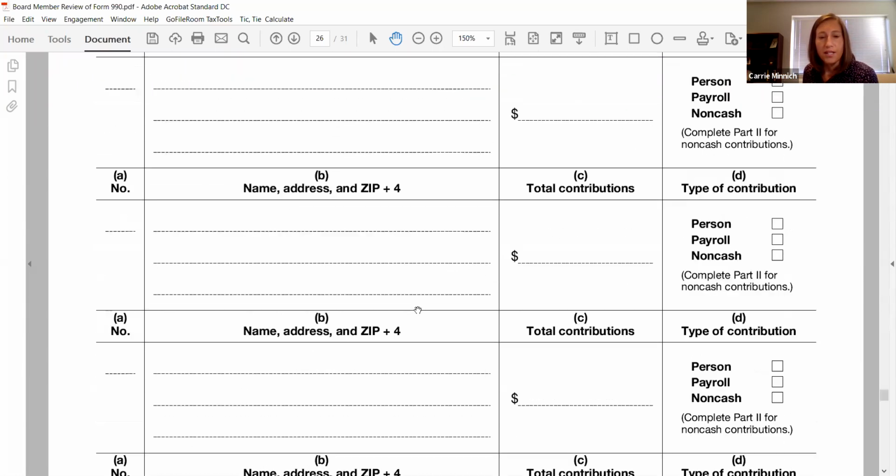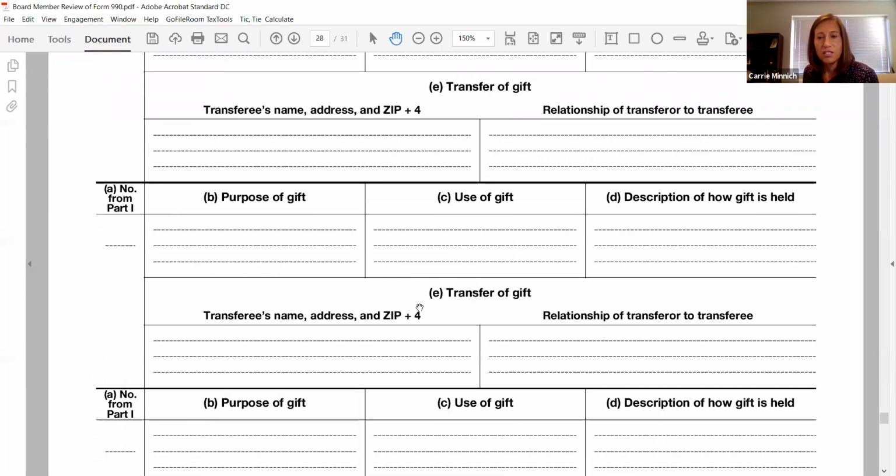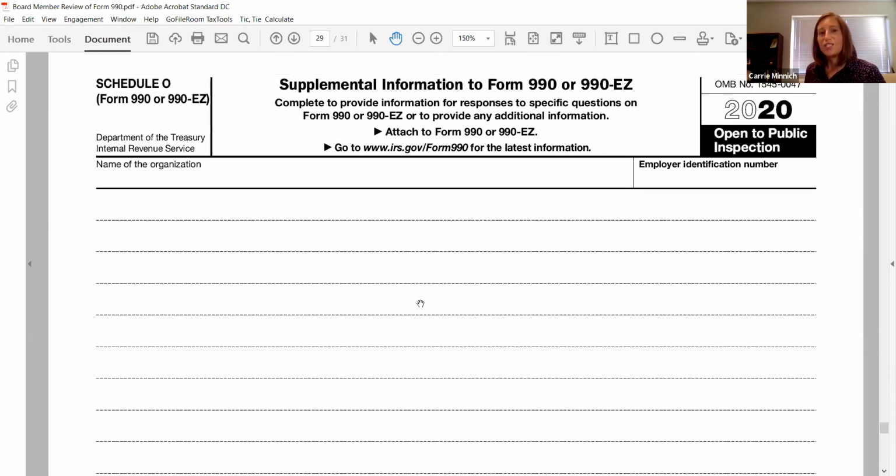And then finally, real quick, the very last schedule that I wanted to touch on is Schedule O. It is just a blank sheet. So any answers that go over, that do not fit in the lines provided on the 990, can be put here. Any additional information that you want to provide to the IRS can be included here.